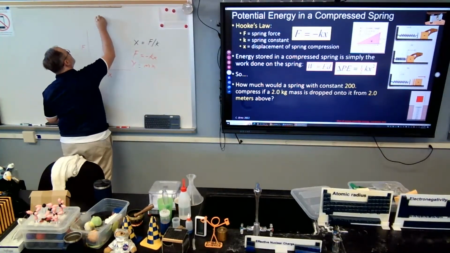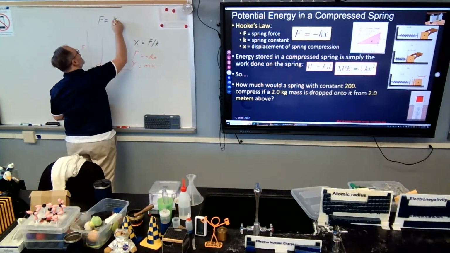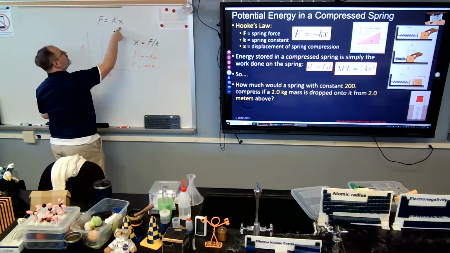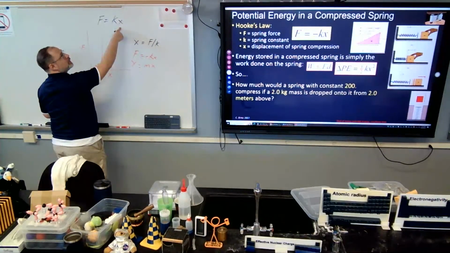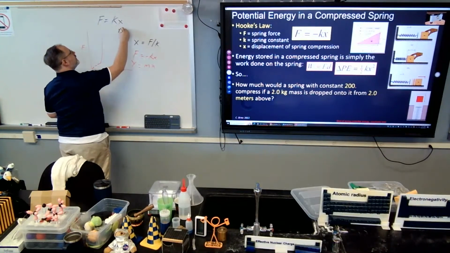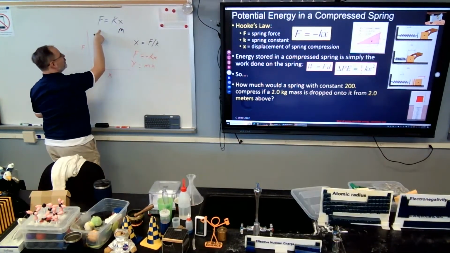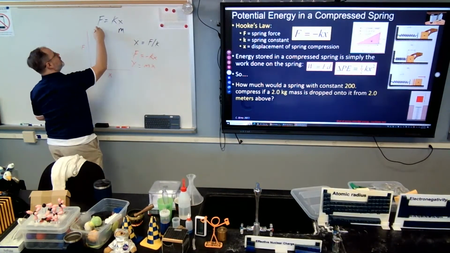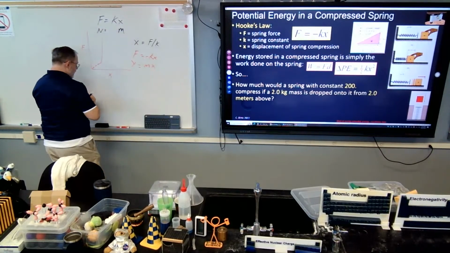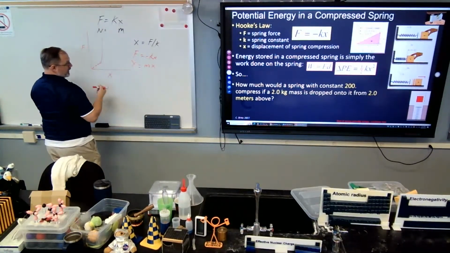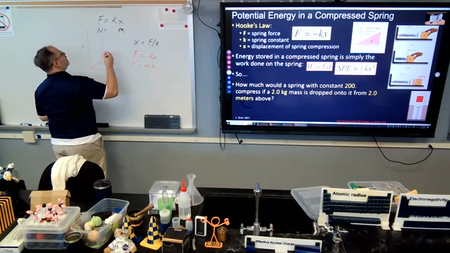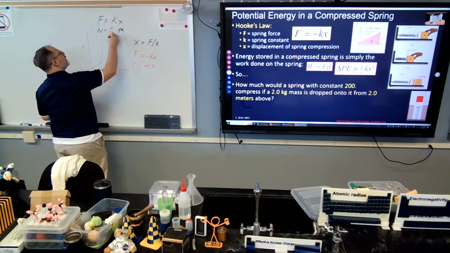Our formula is F equals kx, x is a distance measured in meters, F is a force measured in newtons. So the unit of k is the newton per meter.